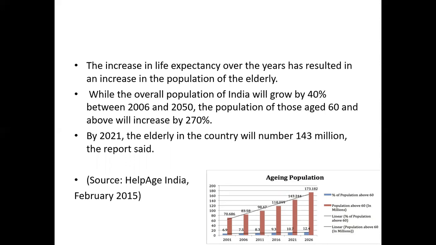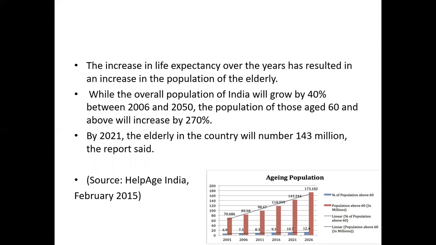Nowadays a lot of people are above the age of 60 years, and they are not as productive as the young generation. But because of higher life expectancy, the number of old people has increased, because earlier people used to die at a younger age, but now people are living to a good age.